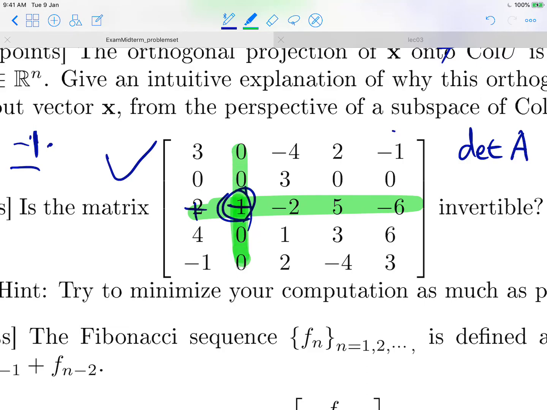That small matrix determinant is multiplied by -1, and now we can reduce the matrix size to compute the determinant of.